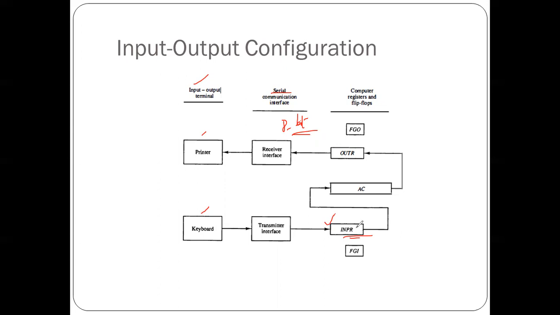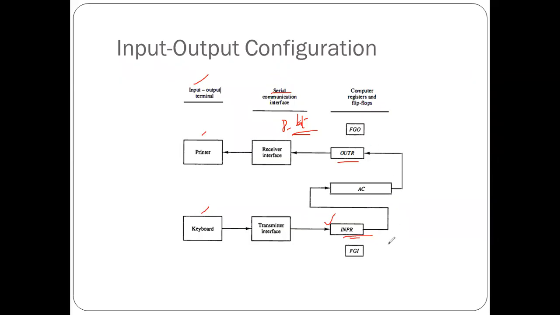Similarly, the serial information for the printer is available from the register called the output register, OUTR. The output device will receive the serial information from this register. The input register INPR holds the 8-bit alphanumeric code sent by the keyboard. These two are 8-bit registers, holding the alphanumeric code that has to be sent to the CPU or to the printer respectively.